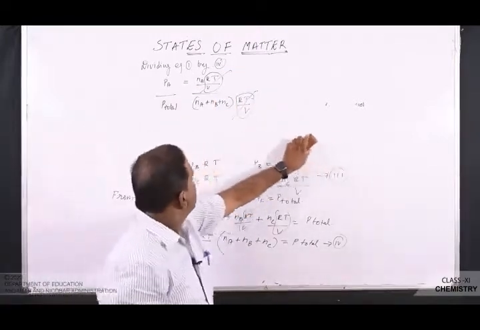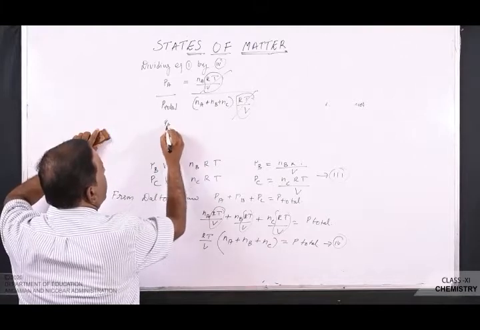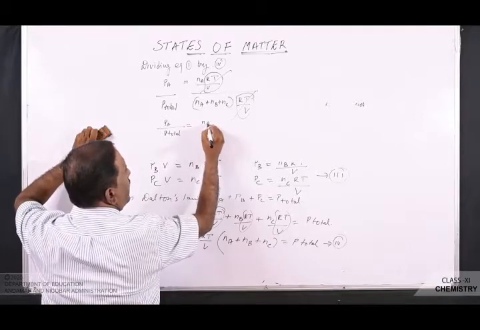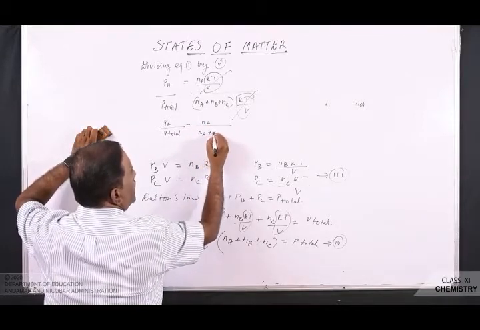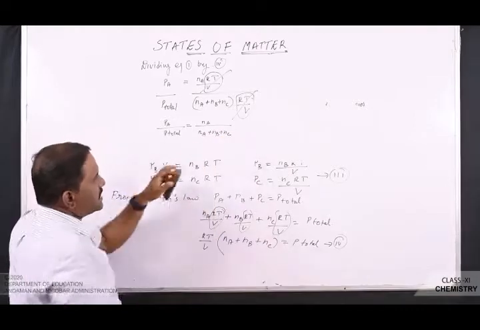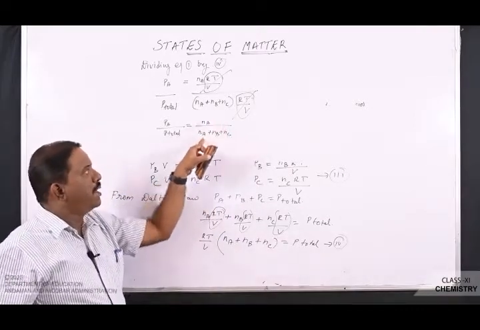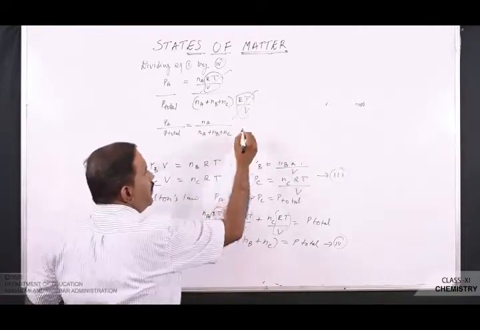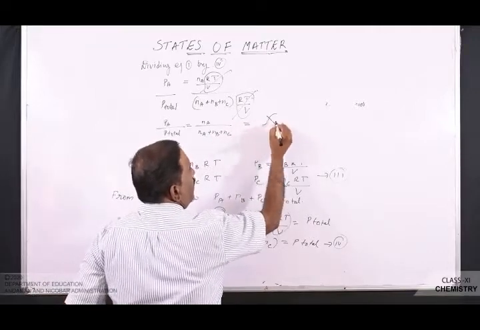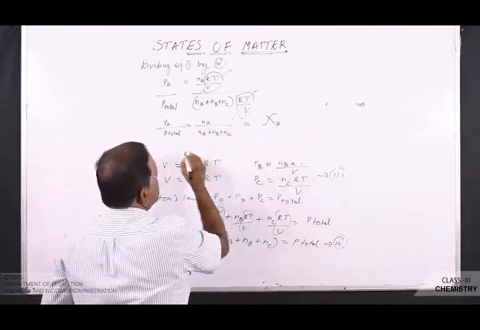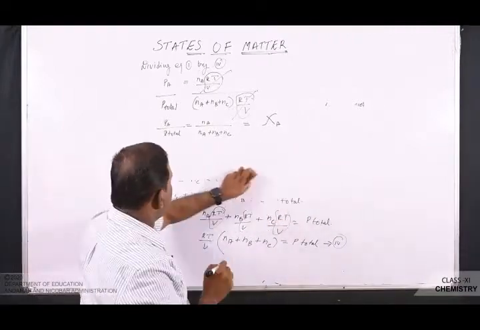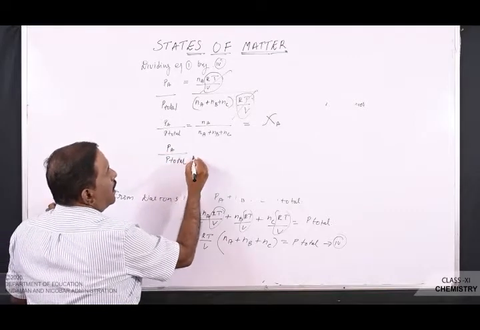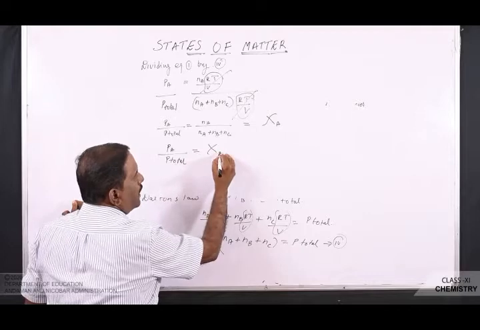So we got Pa by P total is equal to Na by Na plus Nb plus Nc. This is nothing but the number of moles of A over the total number of moles of all the gases. So it is the mole fraction, which I can write as chi A. So the equation comes to be Pa by P total is equal to chi A.